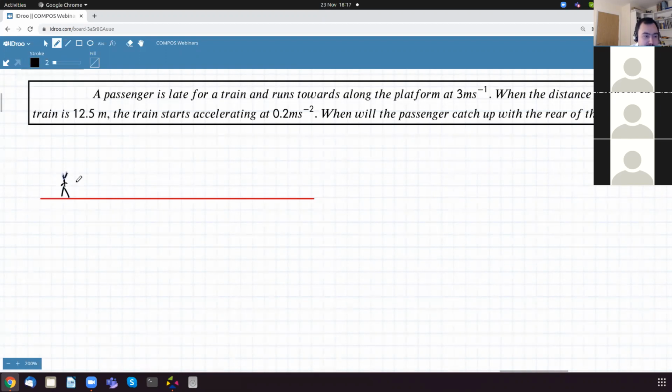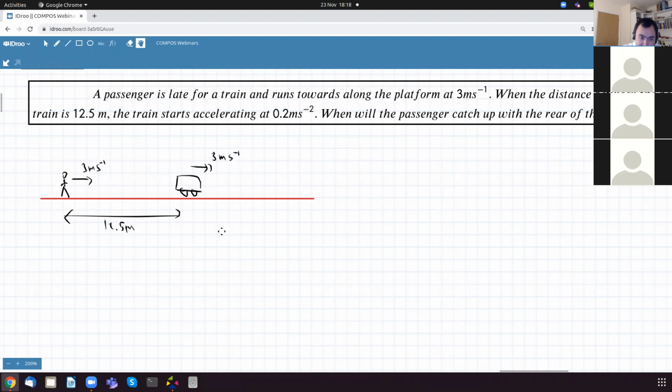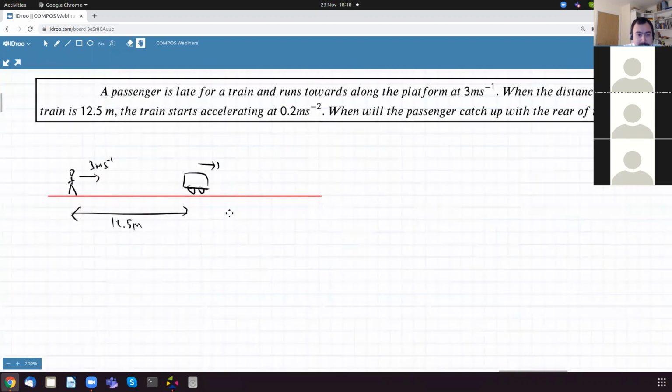So you have a passenger, and he's running along the platform at 3 meters per second, and there's a train, which is 12.5 meters away, and it's starting to accelerate with an acceleration of 0.2 meters per second squared.